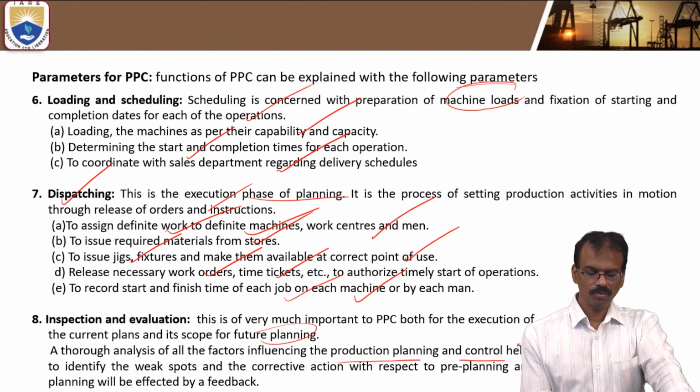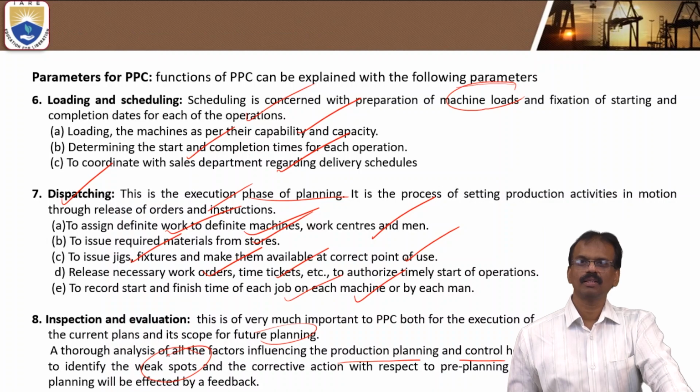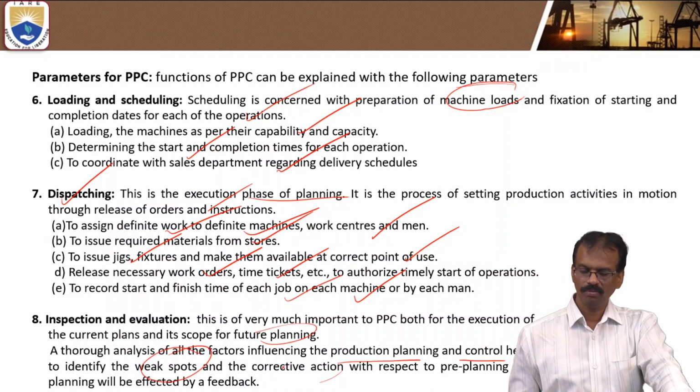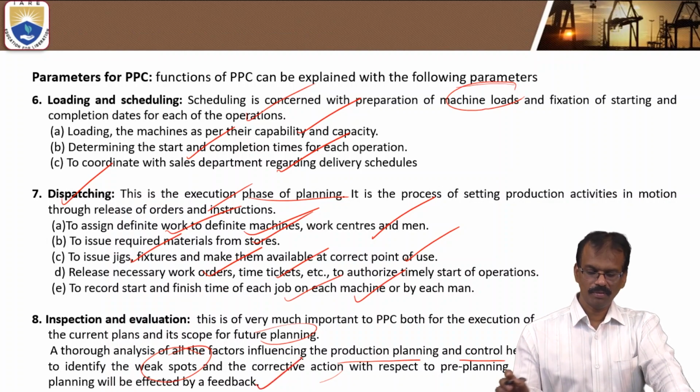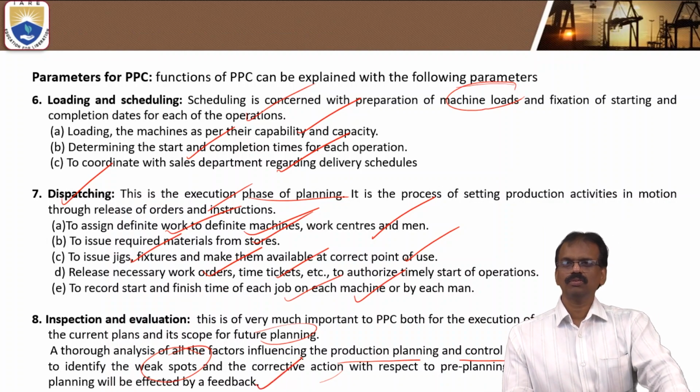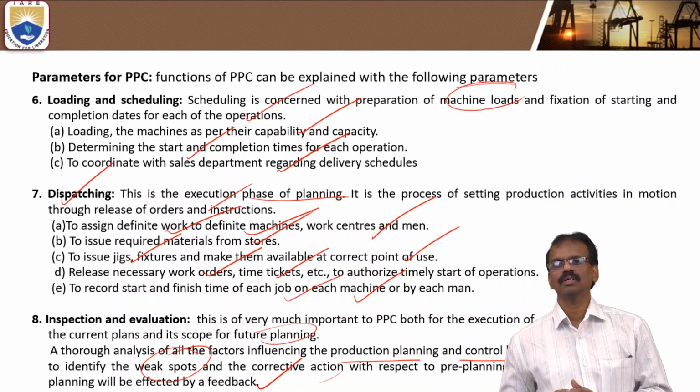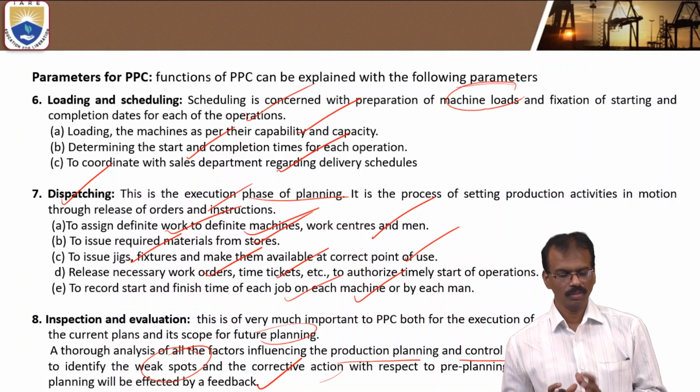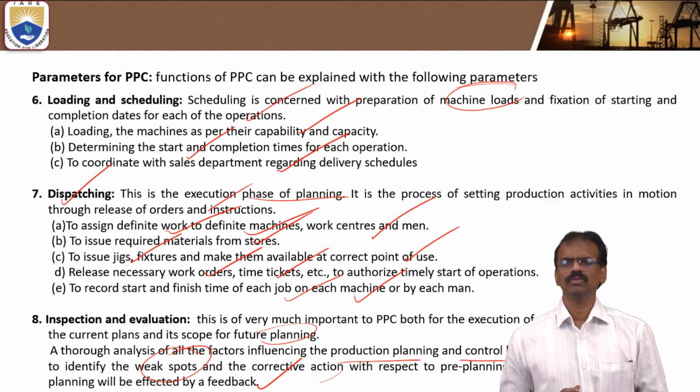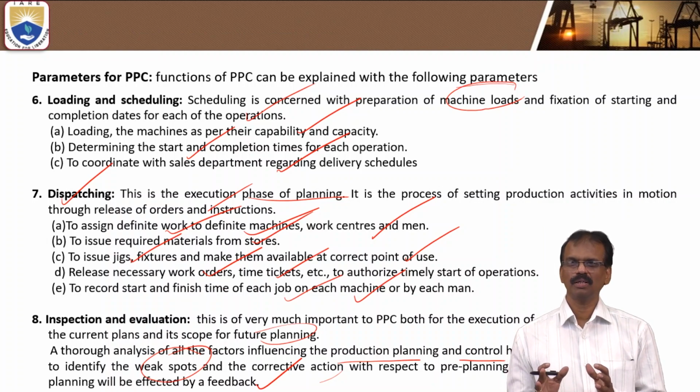It helps to identify the weak spots and corrective actions with respect to the planning, and the plan will be affected by feedback. So this correct evaluation and correct inspection is useful for the current running process and future process also.